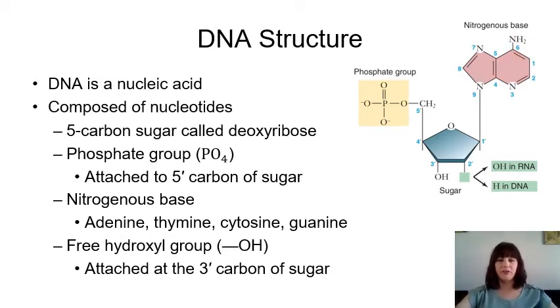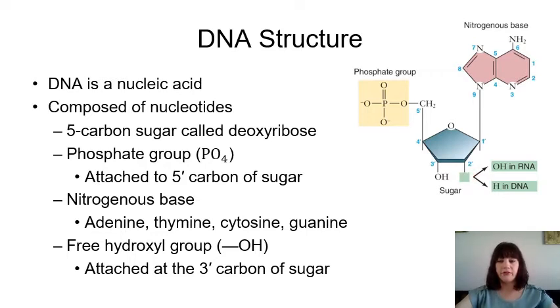Now, one of the differences between DNA and RNA is what is attached to this sugar. In this one spot here, you could have just a hydrogen, or you could have a hydroxyl group, or OH, an oxygen and a hydrogen.